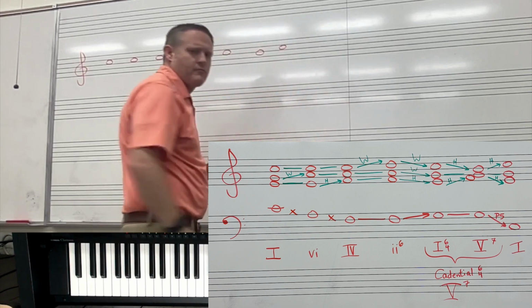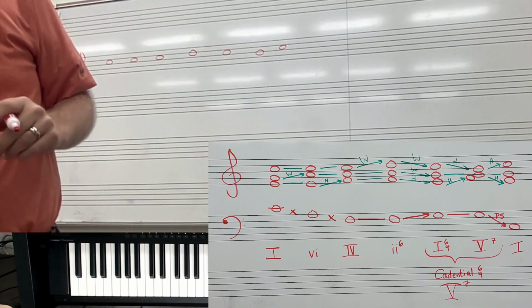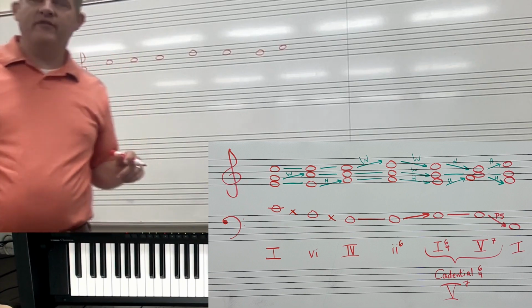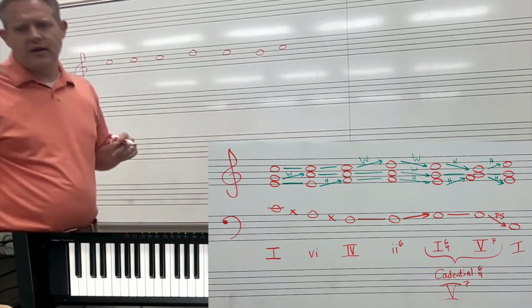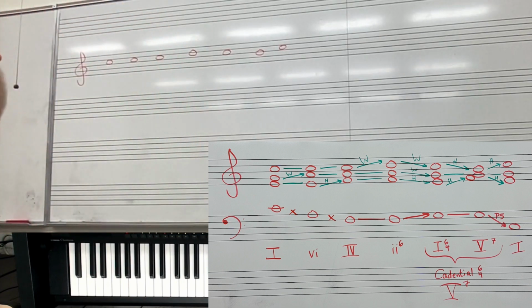All right. Alto. They move even less. How many sols do we get in there? 4. 1 sol, then 3 las.